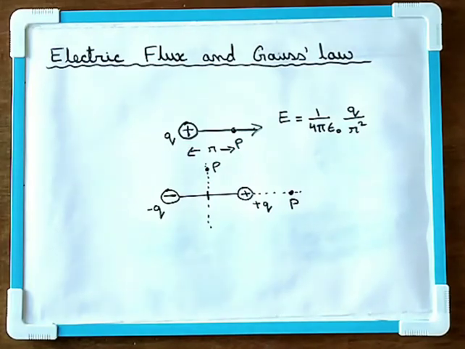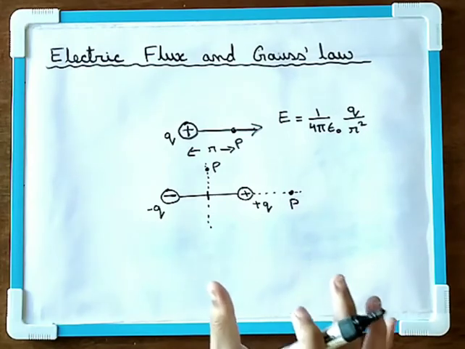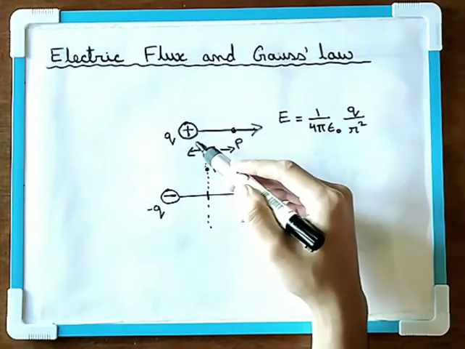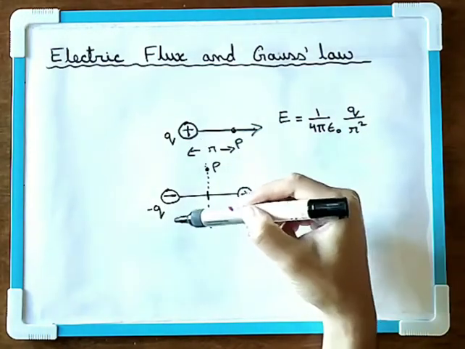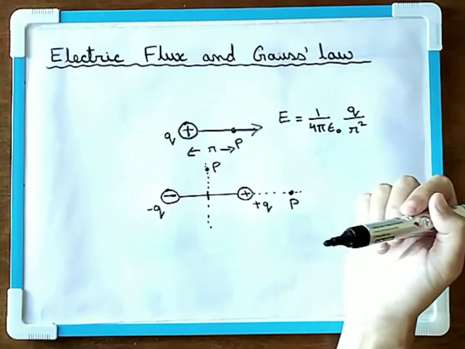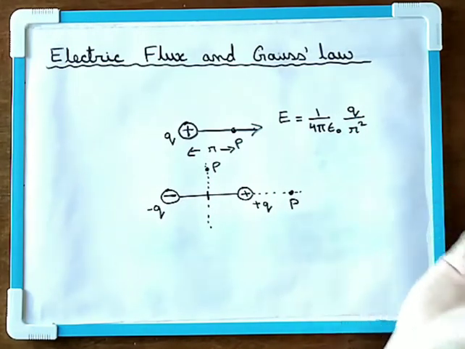So these are the electric field intensity due to point charges. Here we have a single point charge, and here we have a system of two equal and opposite point charges.